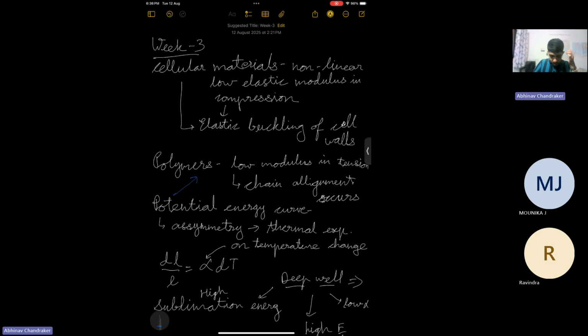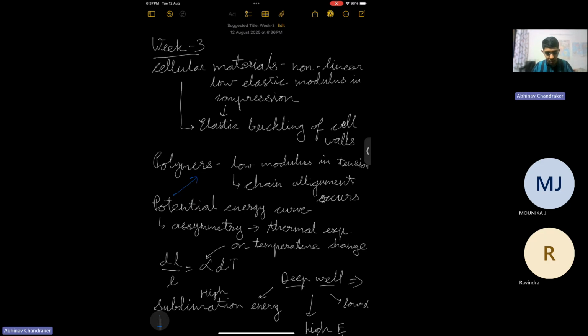So polymers have a low elastic modulus when in tension, and it is non-linear. We had discussed that this is due to chain alignment, which is very easy. So initially when you strain, just the chain alignment occurs. There is no bond stretching as such. So because of that, the modulus is low. After a certain point, there will be bond stretching, and that bond stretching will lead to a higher modulus.